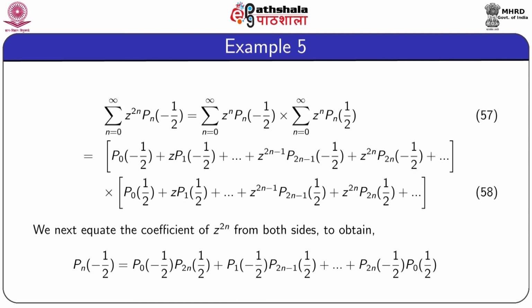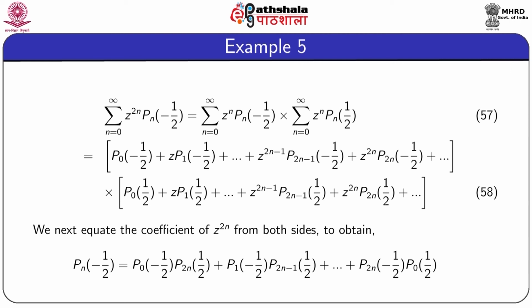What we do now is we expand the summation n equal to 0 to infinity z^n P_n(-1/2) multiplied by summation n equal to 0 to infinity z^n P_n(1/2) in equation 60, and if you do that, you will be getting equation 61. Next, we equate the coefficient of z^(2n) from both sides.